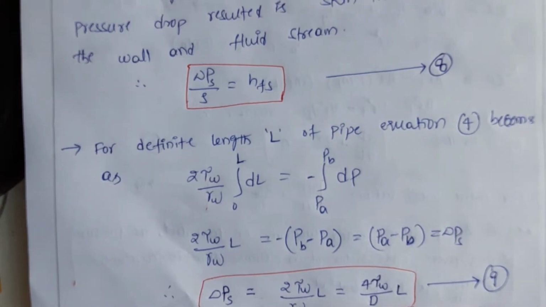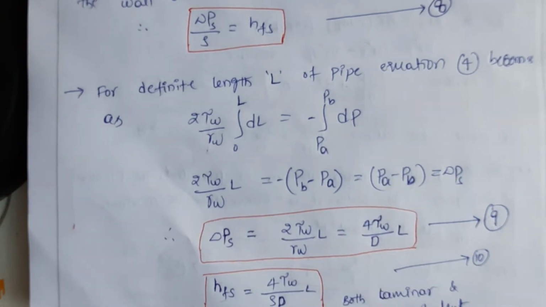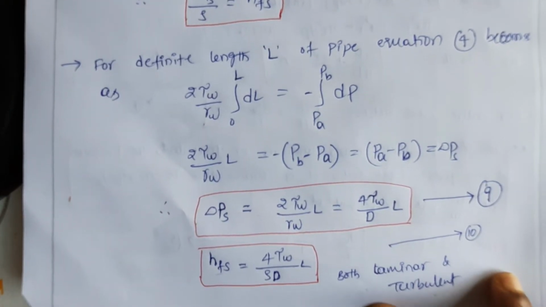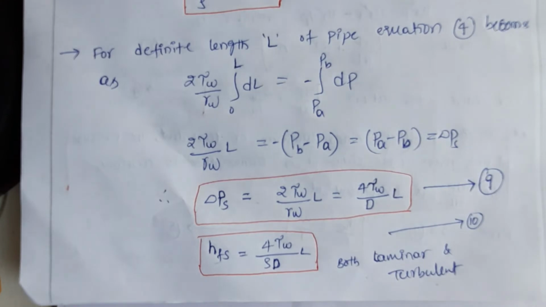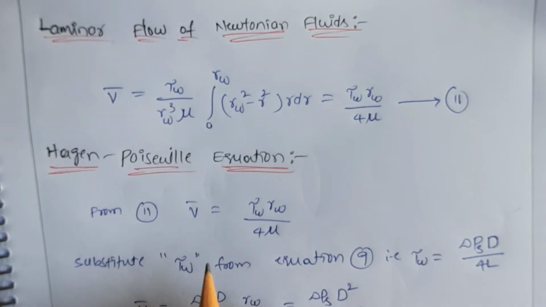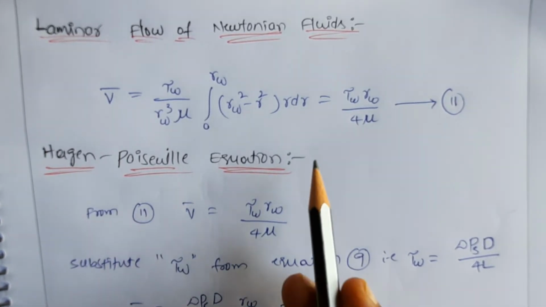Clear? So this equation 10 is applicable for both laminar and turbulent, Newtonian and non-Newtonian fluids. Clear? So till now we have discussed the concepts related to laminar or turbulent flow and Newtonian and non-Newtonian fluids.